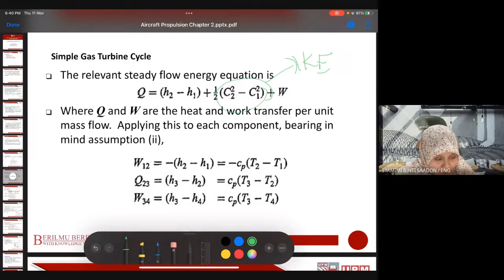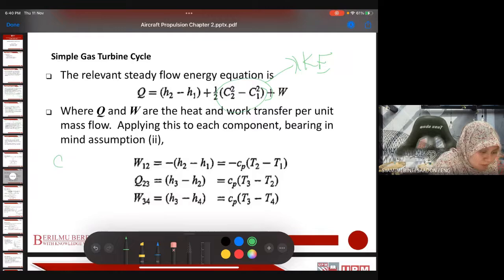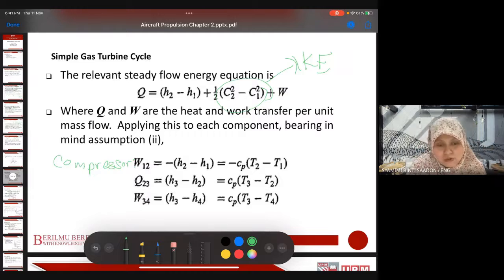For the compressor there is no heat transfer between its inlet and outlet, so there is no Q. But there is work input, because the compressor needs work, like an electric pump, to pump.